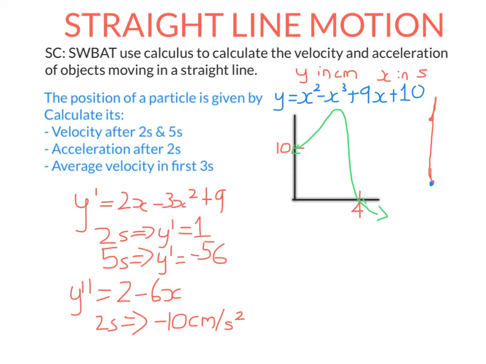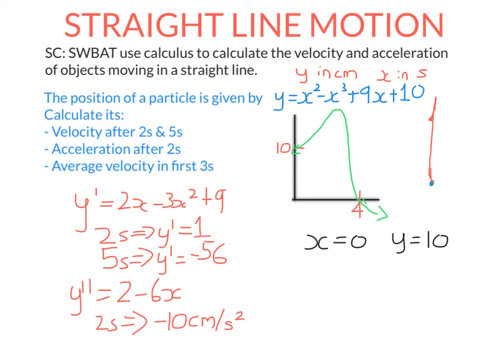To find the average velocity in the first 3 seconds, I just need to find the position, which is the distance, and divide by the time. At x equals 0, we have y equals 10. That's saying that this particle is starting 10 centimeters away from some reference point here.